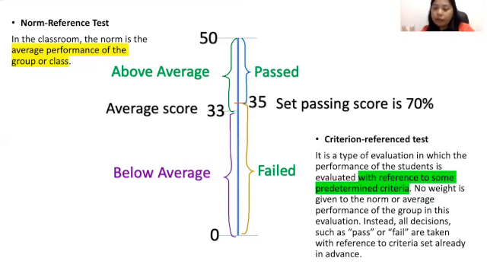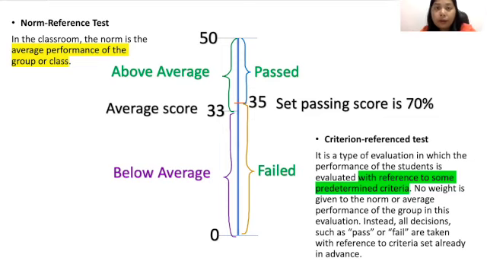In the case of criterion reference test, this is where the student's performance is evaluated with reference to some predetermined criteria. No weight is given to the norm or average performance of the group, but instead, all the decisions, such as pass or fail, are taken with reference to criteria already set in advance.